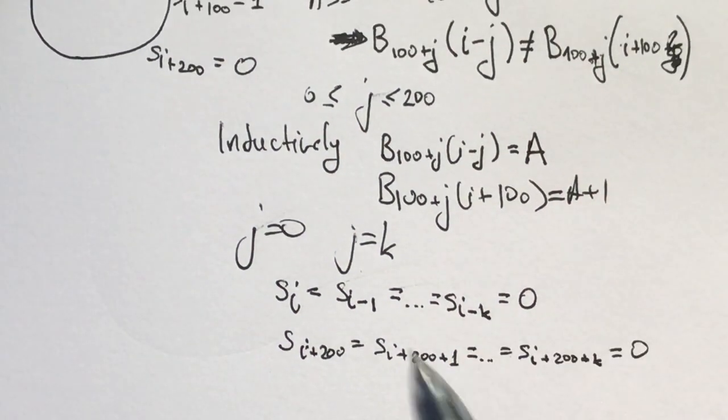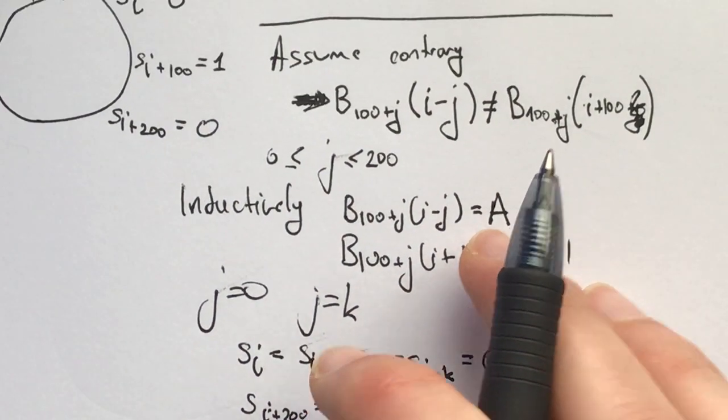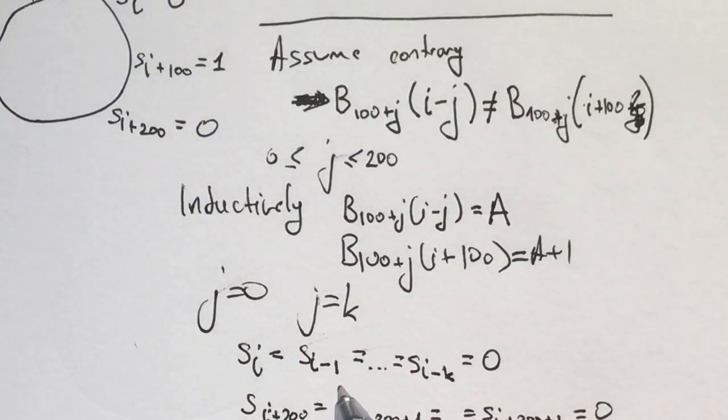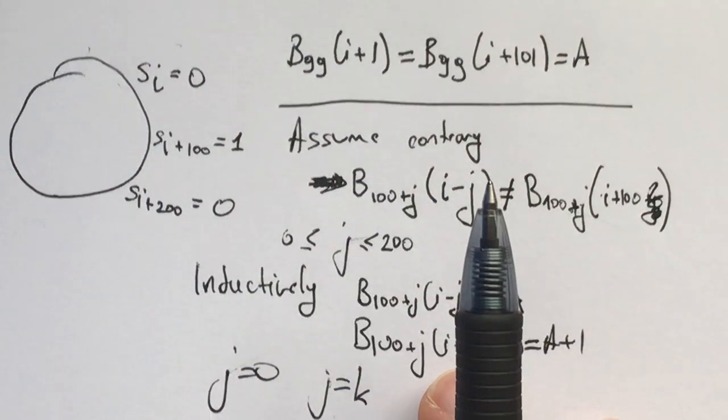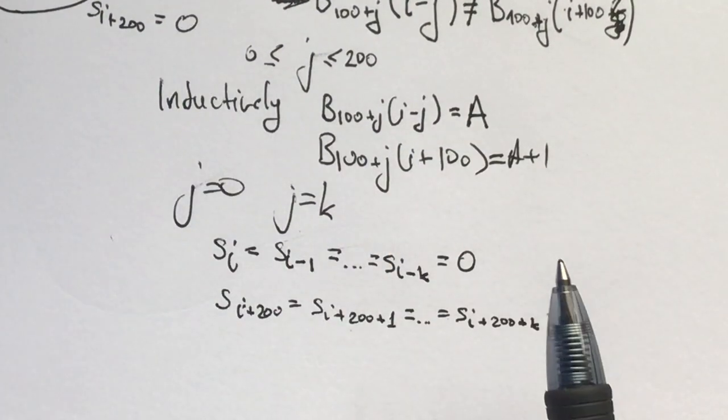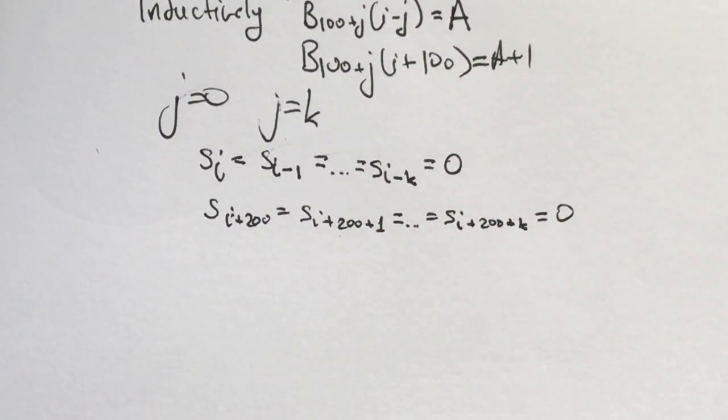And the way I'm finding out these indices is just by looking at small cases. For j equals 0, you already have it. That means these two things are 0, and for j equals 1, I checked it out. So that is just the way I figured out what the indices are.